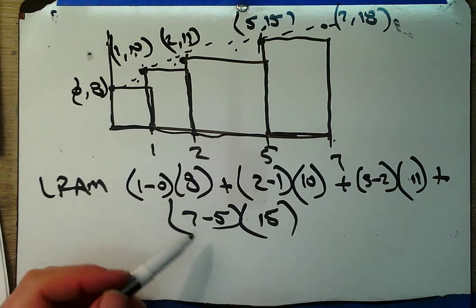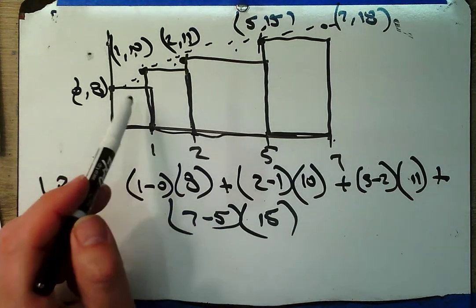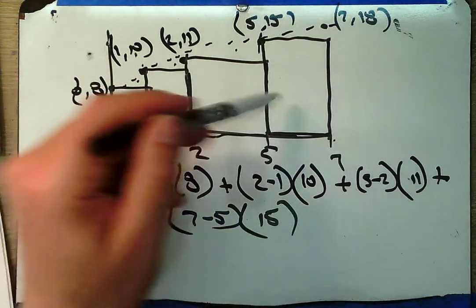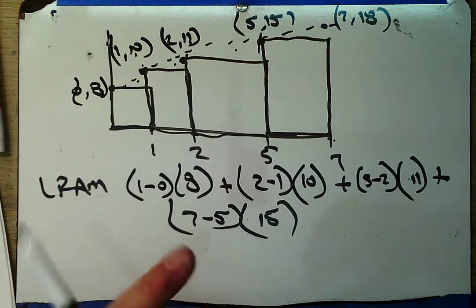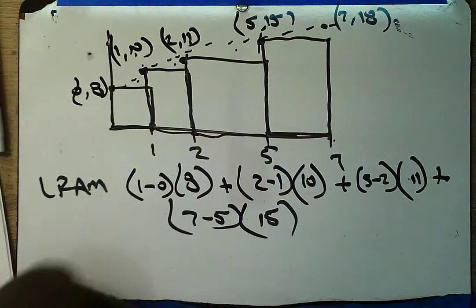So I can get that same setup not just from a table, but from sketching the graph from the table and then visualizing the rectangles. This is going to take more time because you have to draw the picture, but if you're finding yourself challenged by doing this problem just from a table, then that might be something to do.